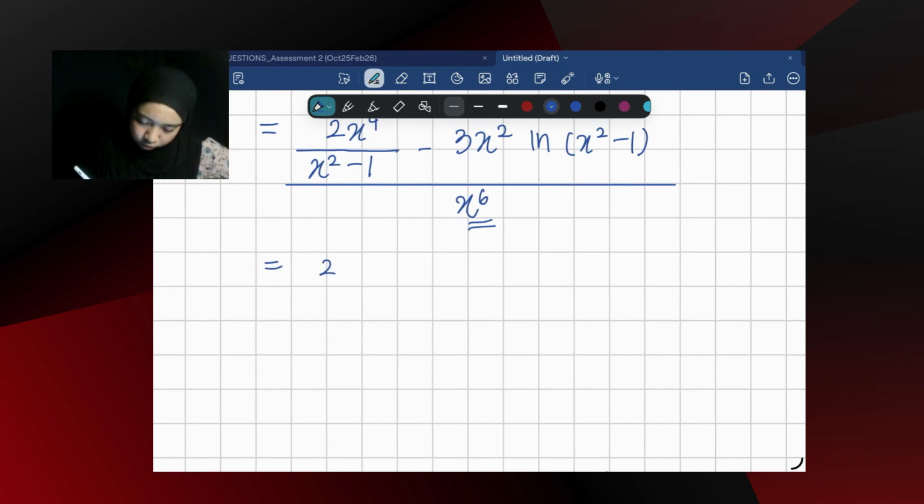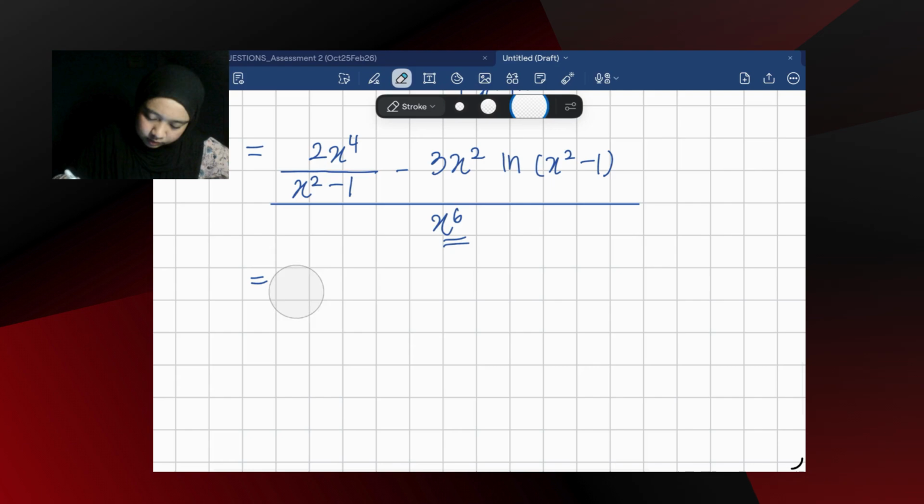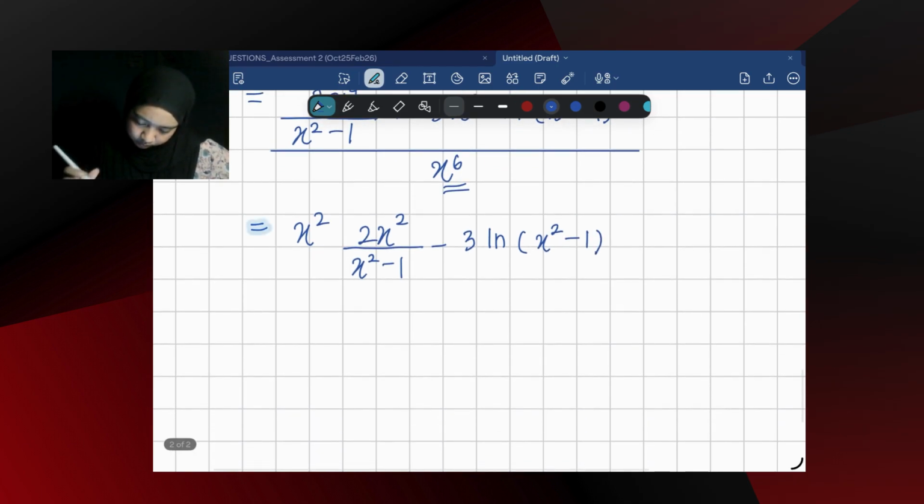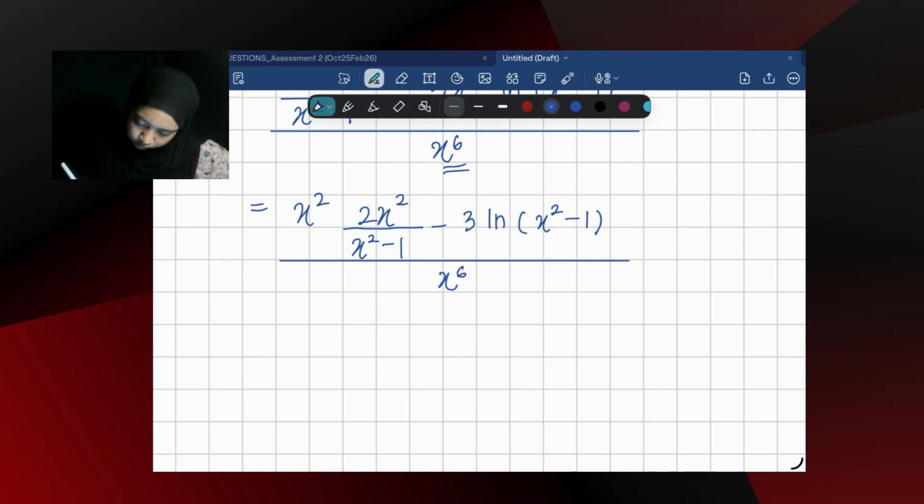So we get x squared times 2x squared over x squared minus 1 minus 3 ln of x squared minus 1, over x squared.